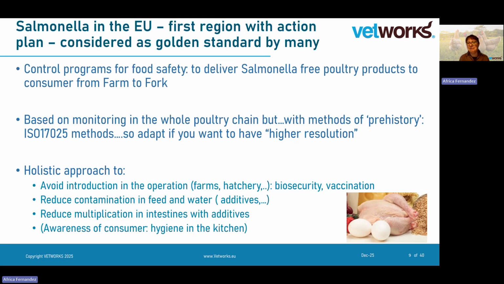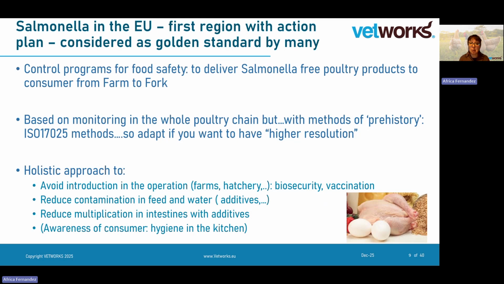The downside is that these monitoring programs, the official ones, quite often don't give us enough information to tackle Salmonella properly. So we need to go, as I mentioned, beyond those.